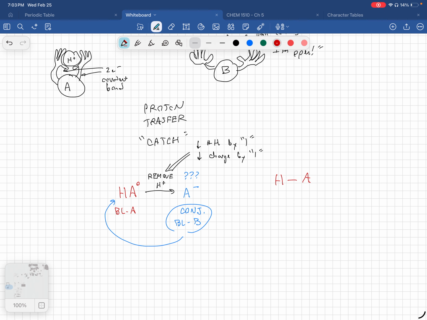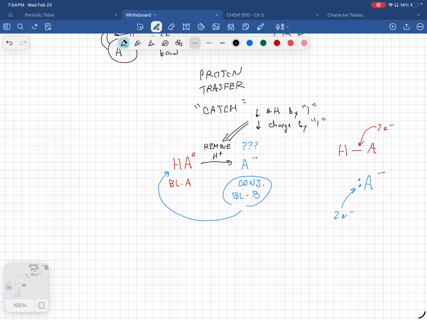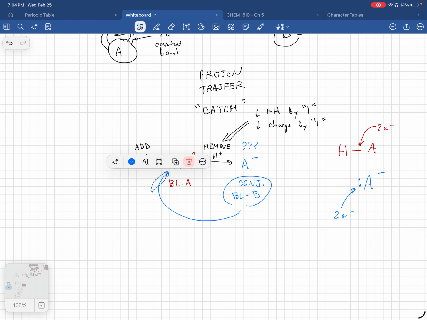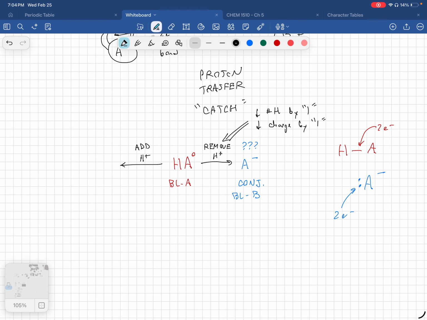Remember, the 2 electrons in this bond are what become the 2-electron lone pair to again receive the ball. Now, if we go the other direction, and I ask you to show me what HA would look like as a conjugate Bronsted-Lowry acid, we're going to add H+ to it.